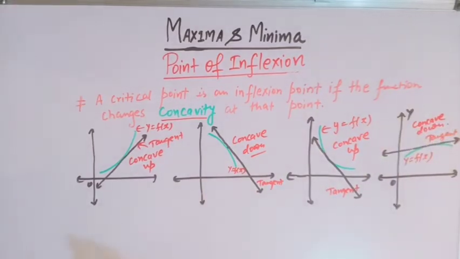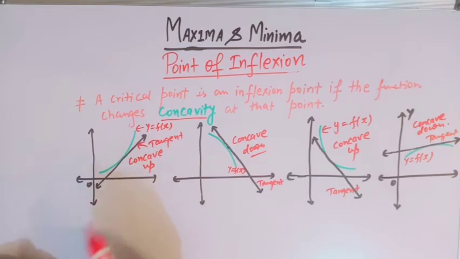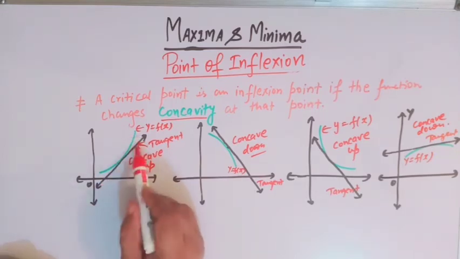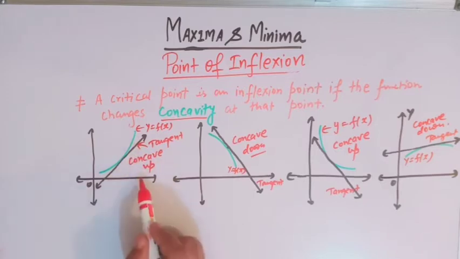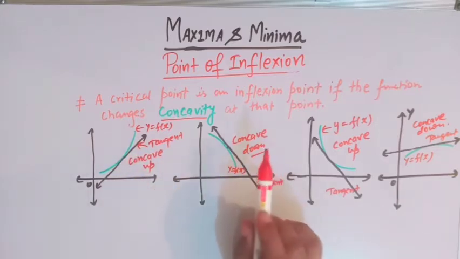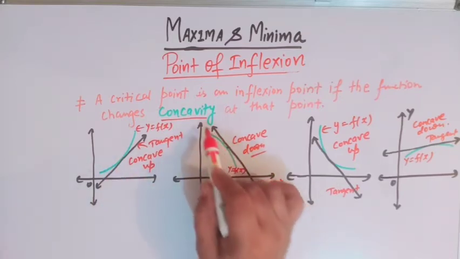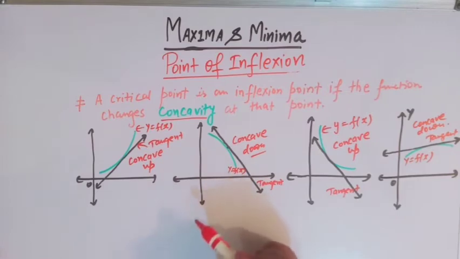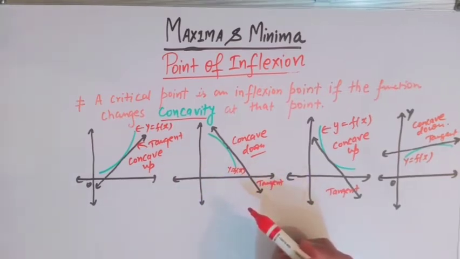So a graph is said to be concave up if the tangent line which we draw to the graph lies below the graph, and the graph is said to be concave down if the tangent line lies above the graph.